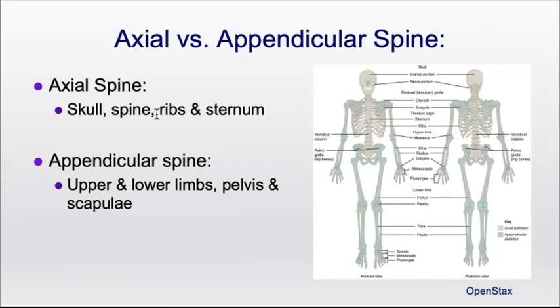So axial skeleton in general is more for rigid structural support, whereas the appendicular spine is more for interaction with the environment and mobility. Okay, so this is where the ideas of stability versus mobility come into play, and why it's important to compare and contrast between those two ideas.